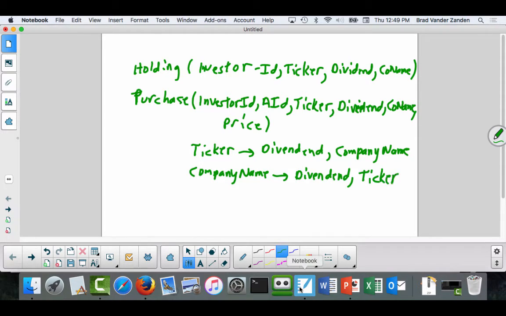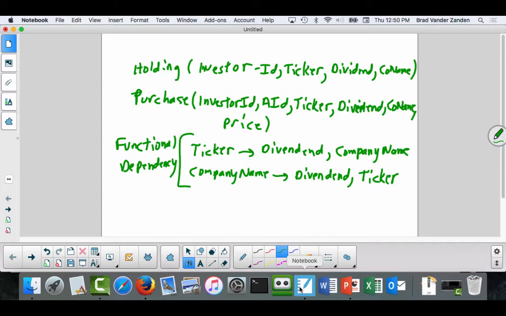So we call this a functional dependency, because the left-hand side uniquely determines the right-hand side. So it's a function. I said dividend, shouldn't have an n in the dividend, but at any rate, when you have a functional dependency like that, it turns out that normalization gives us a way to decompose the relations, to pull this information in the functional dependency out of a relation and into a new relation.